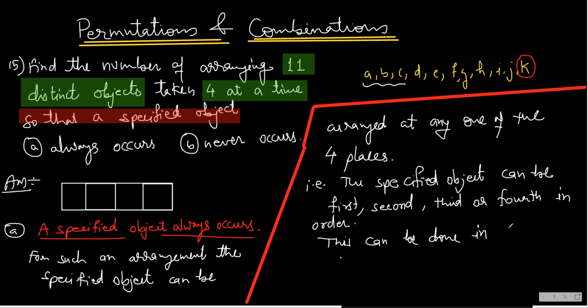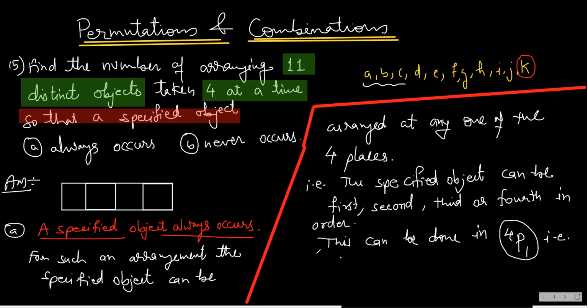in 4P1, that is 4 different ways. See, 4P1, what is nPr? nPr is n factorial upon n minus r factorial.